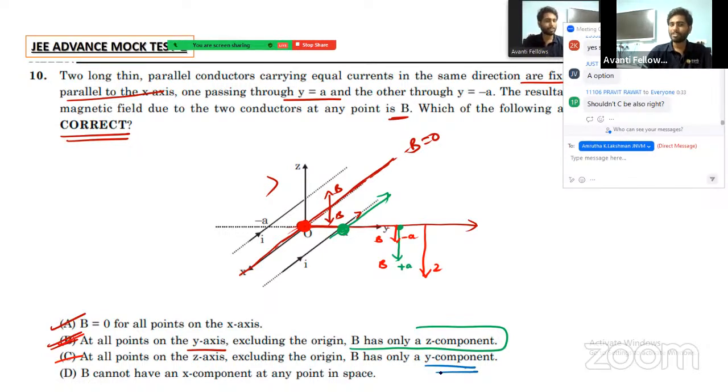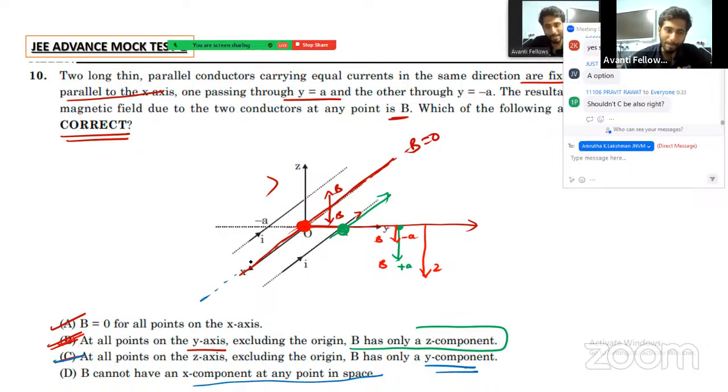Look, keep the same on the z-axis also. Okay, the magnetic field will give you a y component here. Look here, I is going in this direction and z will be coming in the upward direction. So what answer you will get here also: at all the points on a z-axis excluding the origin, B will have a y component. And B cannot have an x component at any space.